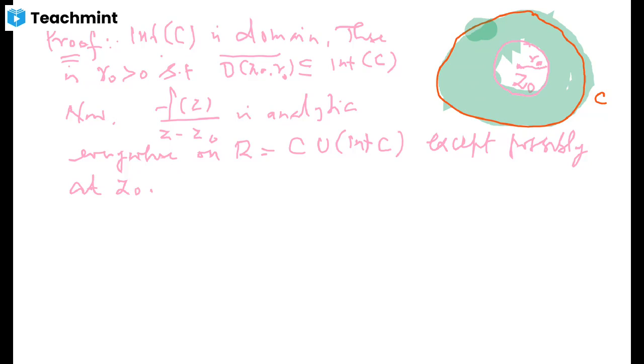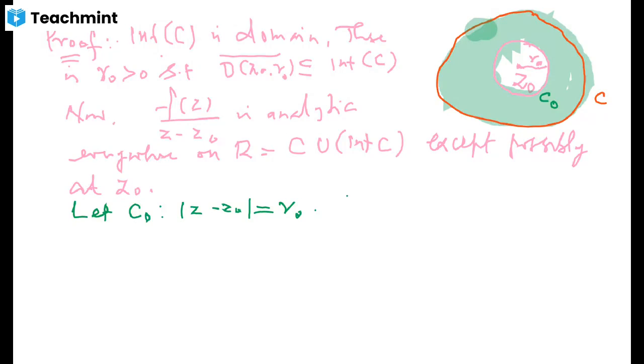For multiply connected domains, you have two curves. One is this circle. Let this circle be denoted by C naught. Let C naught be the circle |z minus z naught| equals R naught.